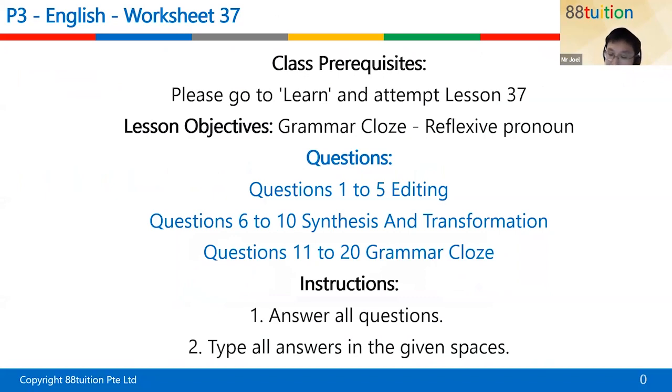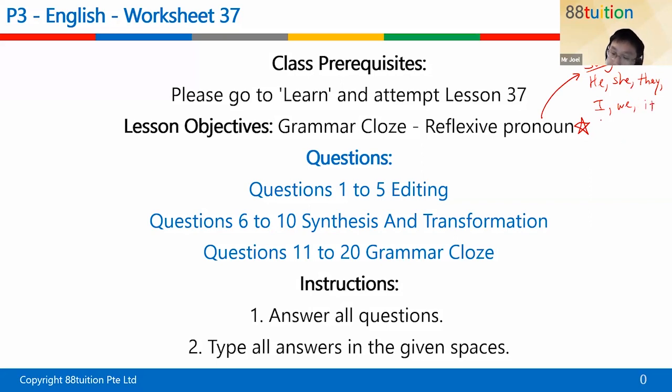So the main thing that we're going to look at today, boys and girls, is this thing called a reflexive pronoun. We know that our usual pronouns are our subject pronouns: he, she, they, I, we, it.